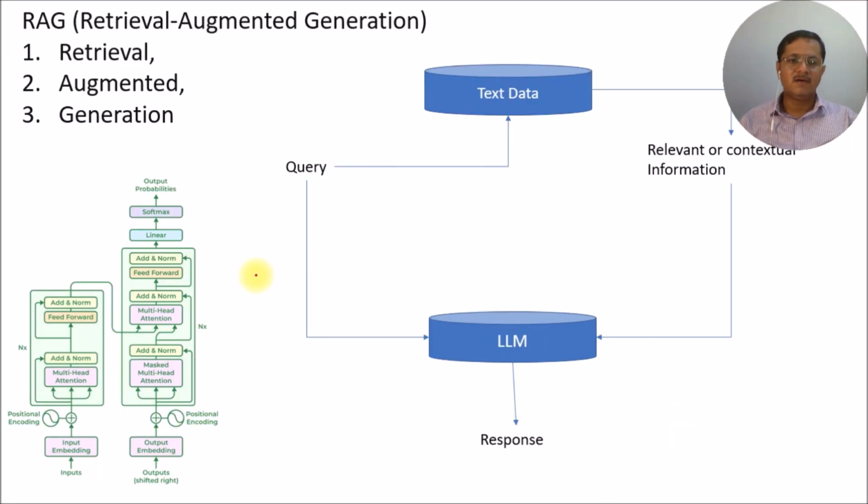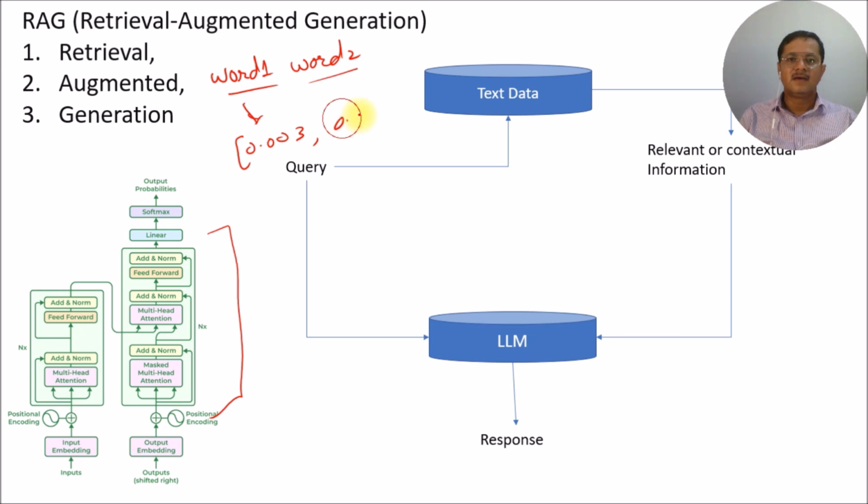Here you can see that most large language models use the decoder part of the transformer. In this case, they use some embedding mechanism. For example, suppose we say word 1, word 2, then for each word they use some vector format embedding, for example 0, 0, 3, like that.